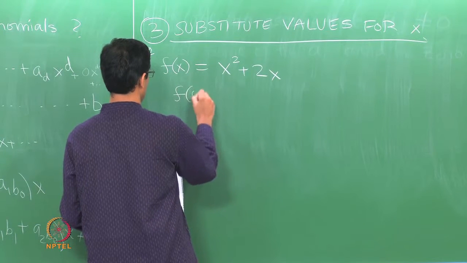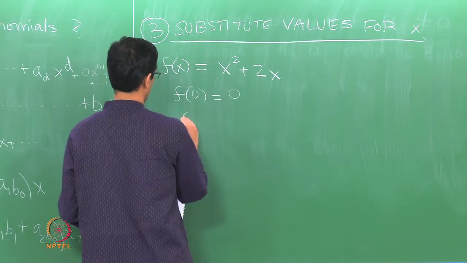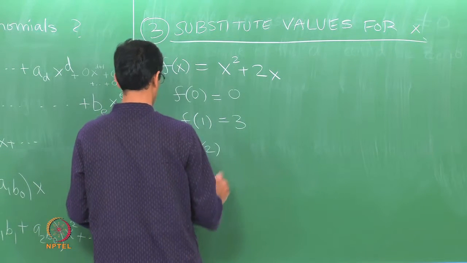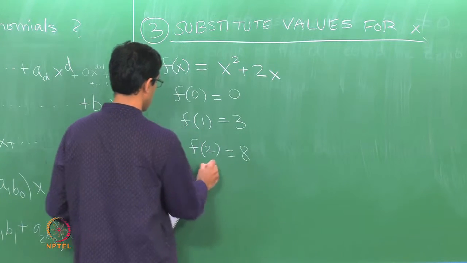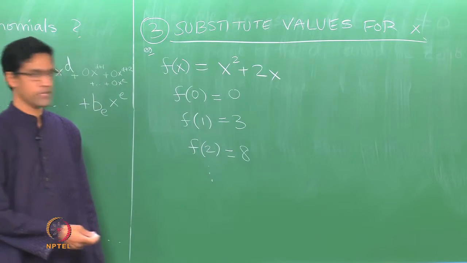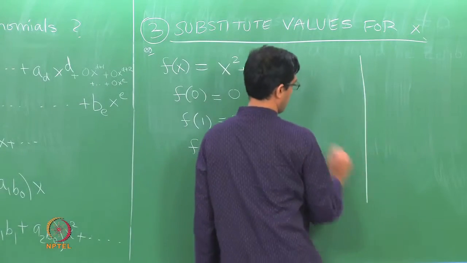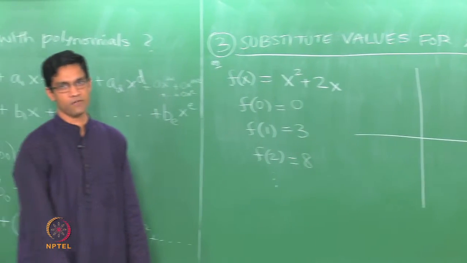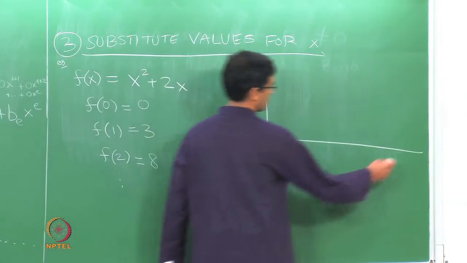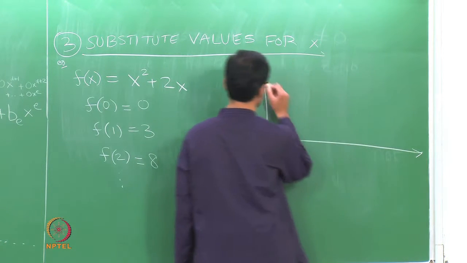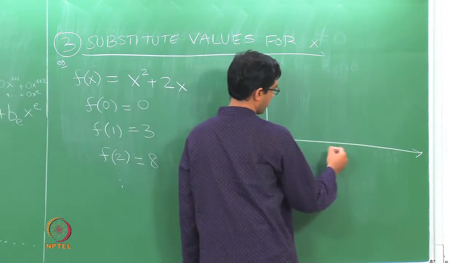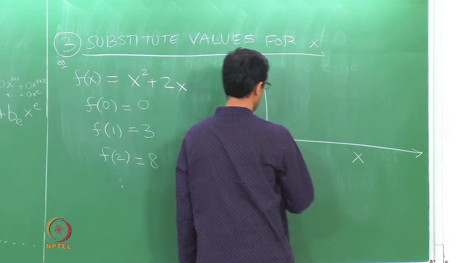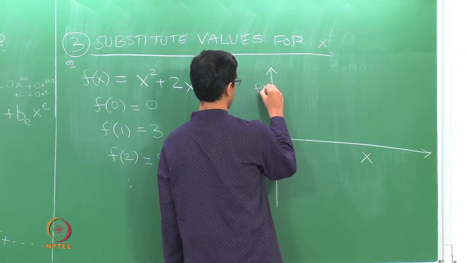For instance, if I plug in x equal to 0, this gives me 0, if I plug in x equals 1 it gives me 3, x equals 2 gives me 8 and so on. And of course the usual graphical depiction of this is the graph of the function. So you plot the x and the y axes. Along the x axis you plug in various values for the variable x, and along the y axis you plot the values of the polynomial f of x.